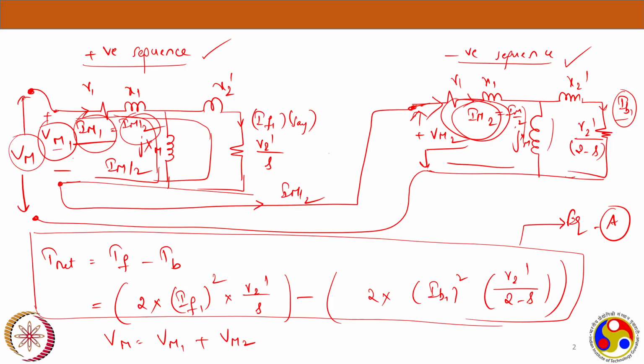This particular slide, which we arrived at in last week's discussion, shows the net torque equation. Here we are seeing two different torques, the forward torque and the backward torque, and the total input voltage, that is Vm1 plus Vm2.